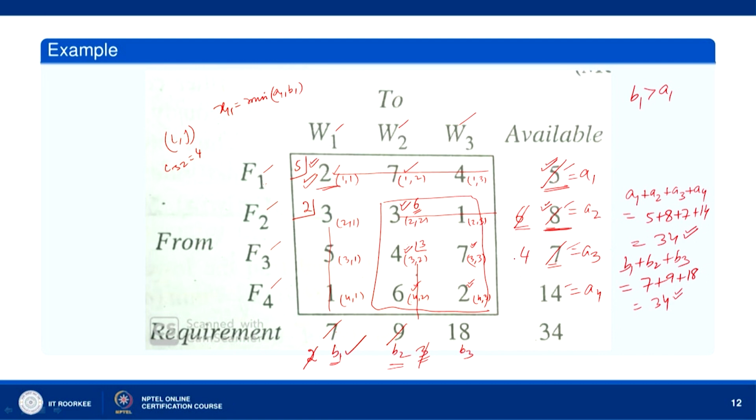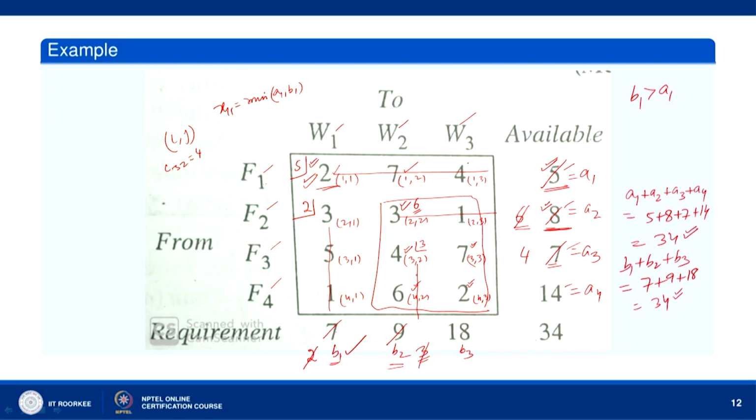Now, from the source F3, 4 units are available, and W1 and W2 have been allocated, only W3 remains to be allocated.